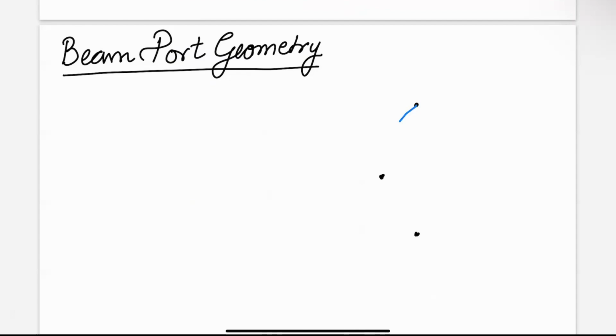So should my beam ports lie on a contour like this? Or should they lie on a contour like this? Like this, or maybe like this, right? We don't know that.